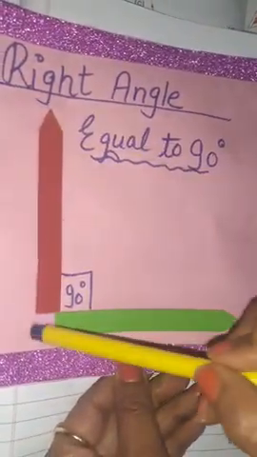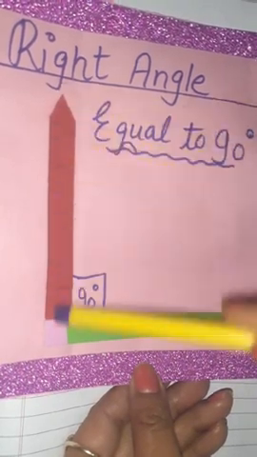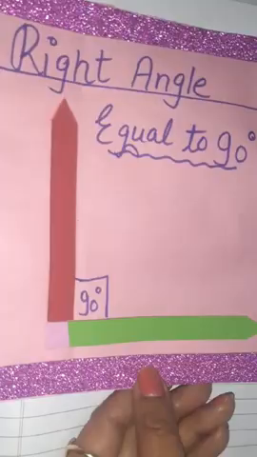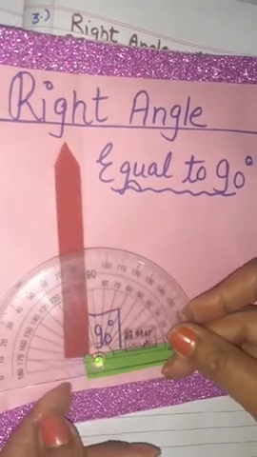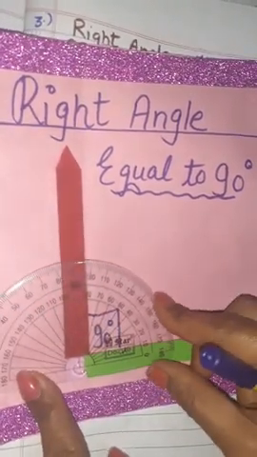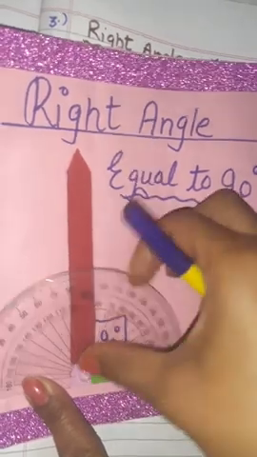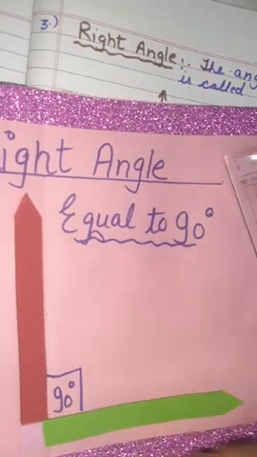It is of the shape of the alphabet L. This L shape is making 90 degree, because when we measure this type of angle with the protractor, it shows 90 degrees. So a right angle is equal to 90 degree.